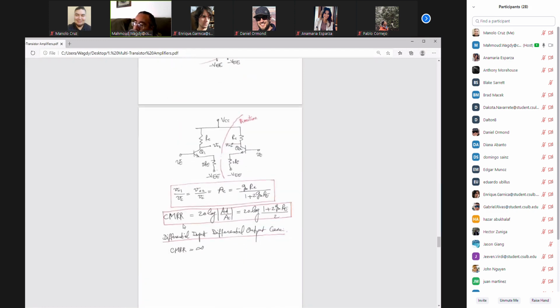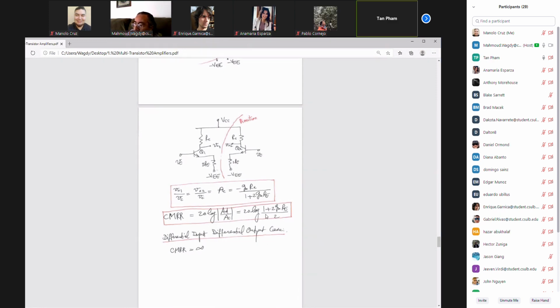What's left? You need a formula for the common mode rejection ratio, which is 20 log the absolute value of the quotient. Yeah, so that's the common mode rejection ratio: 20 log 1 plus 2 GMRE over 2.